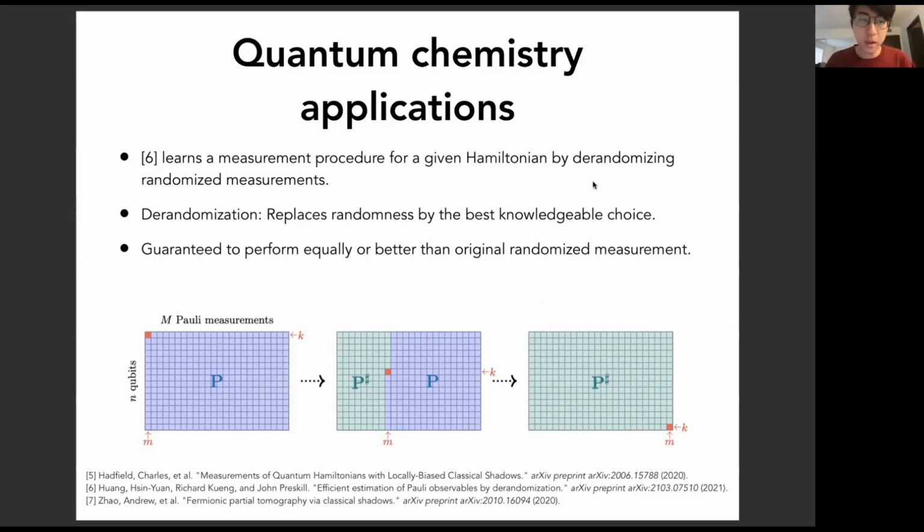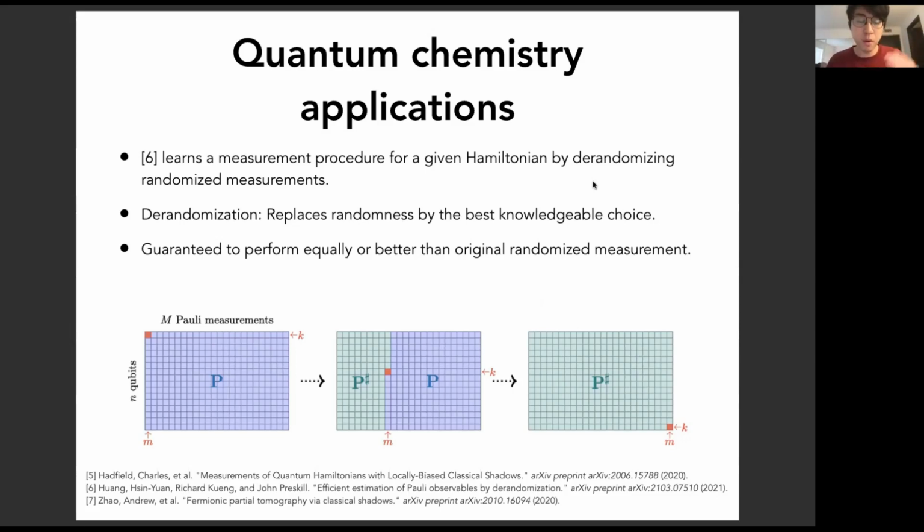So the key idea here is that we try to learn a full set of measurement procedures for a given Hamiltonian by derandomizing the randomized measurements. So what is derandomization? It's a theoretical computer science concept where every time you want to apply this randomness, like you want to select a random unitary, you replace that with a fixed, deterministic unitary based on the best knowledgeable choice.